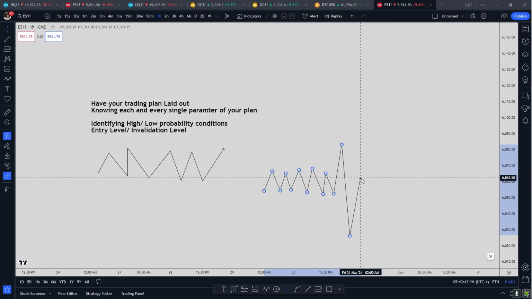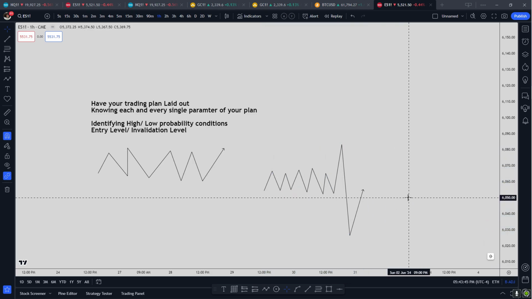You can play this simply off of that and frame your trade setup.